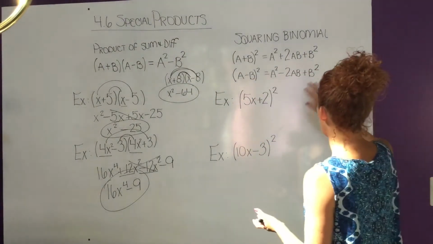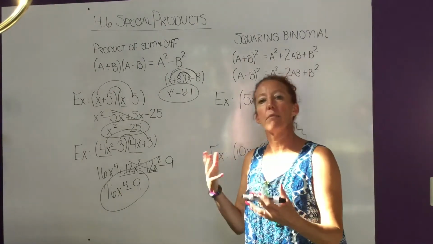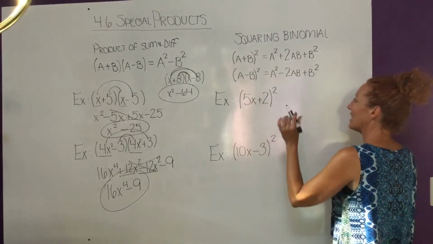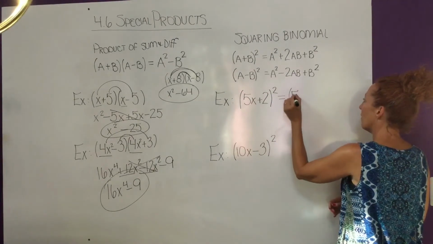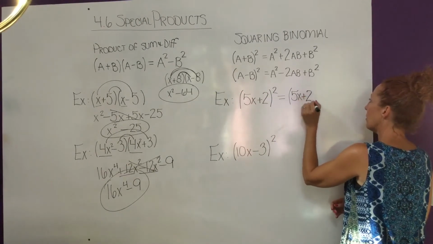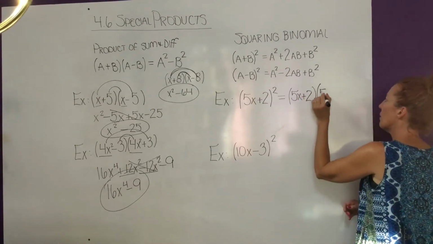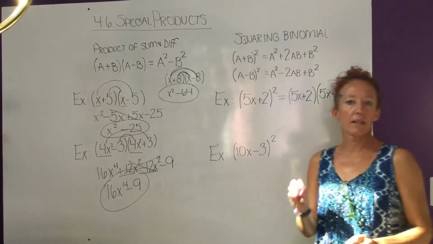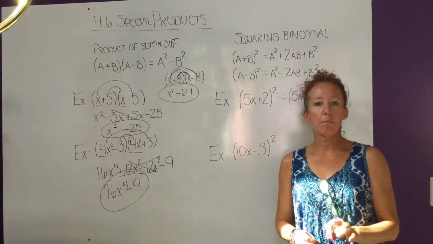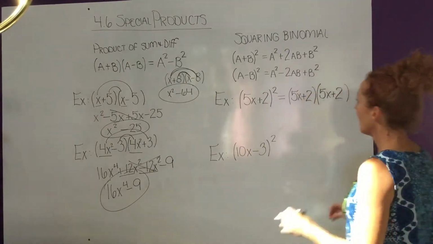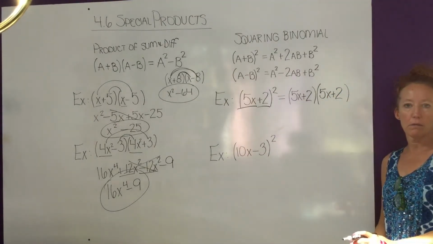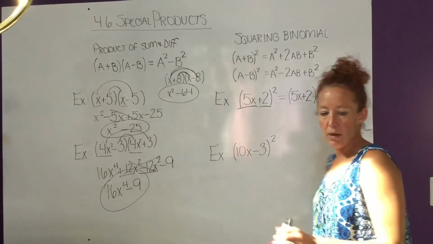But I'm going to show you how to do it the same way we've always FOILed. So what this means is 5x plus 2 times 5x plus 2. When you're squaring something, you're multiplying it by itself. It does not mean square the first guy and square the second guy. That is not what it means.